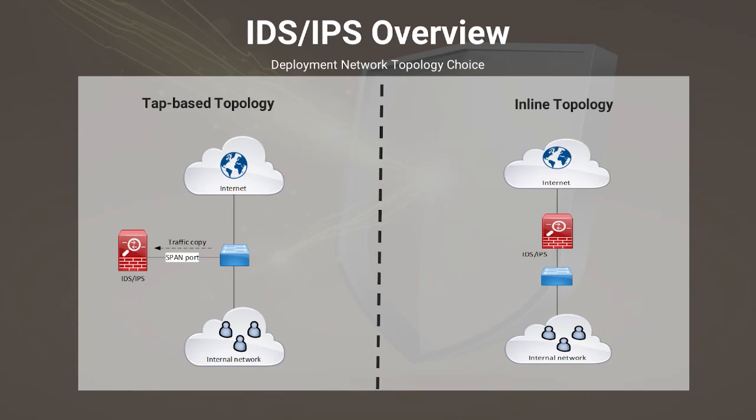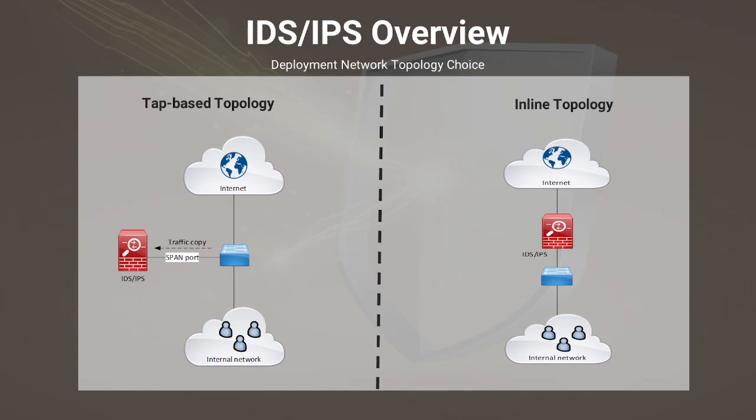But still, you can configure your IPS to work in IDS mode, no matter if it's deployed inline. It will not block anything, it will just detect things. And this is recommended, by the way. It's a good practice to leave it in IDS mode for a couple of weeks to isolate the false positives.